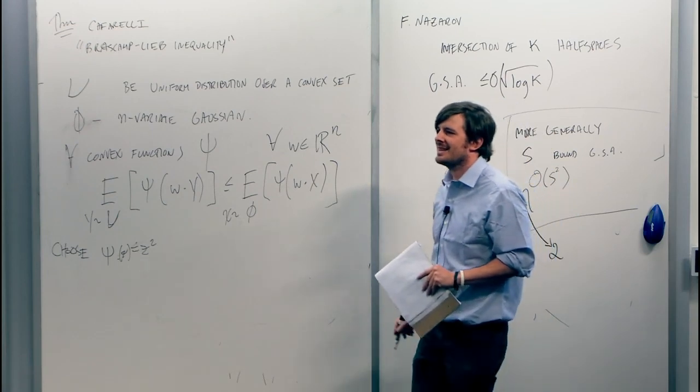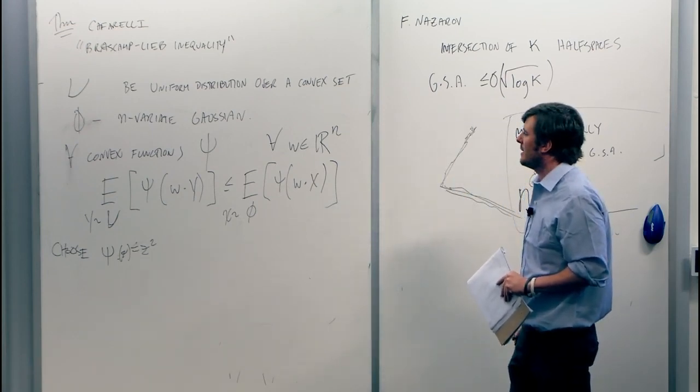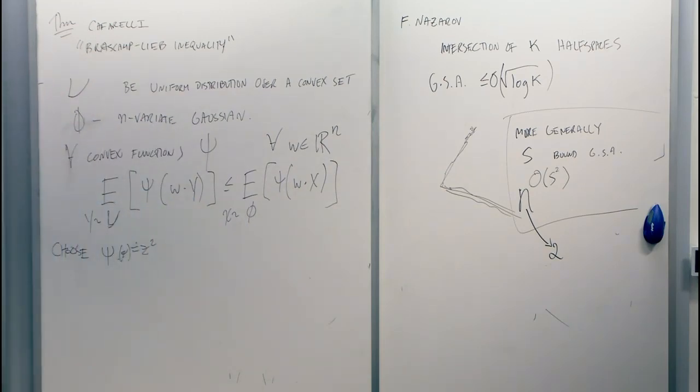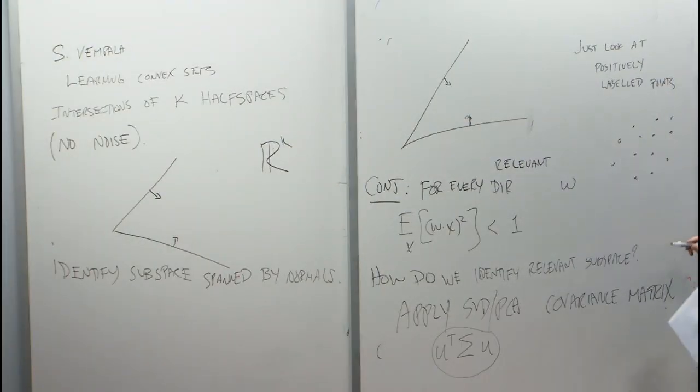So you have one distribution, and it's just uniformly chosen points according to the convex body. That's like you take your set of random examples labeled positive. This is a sample from that distribution.